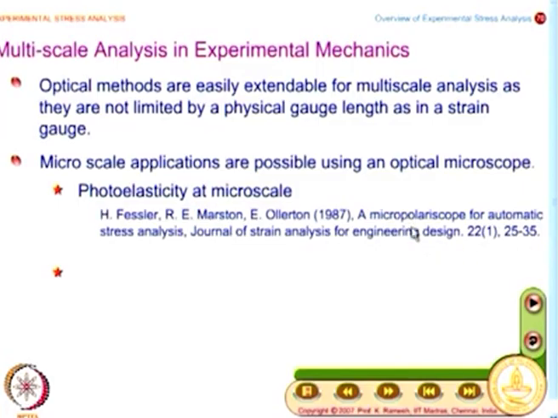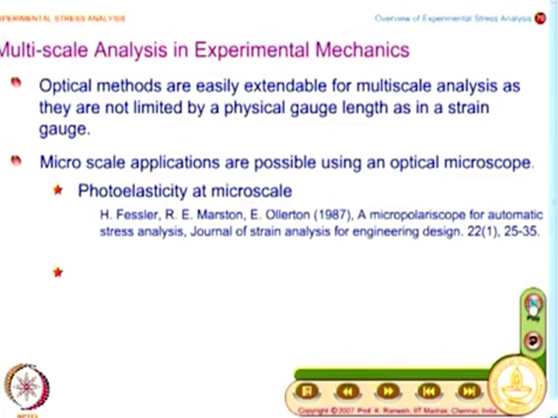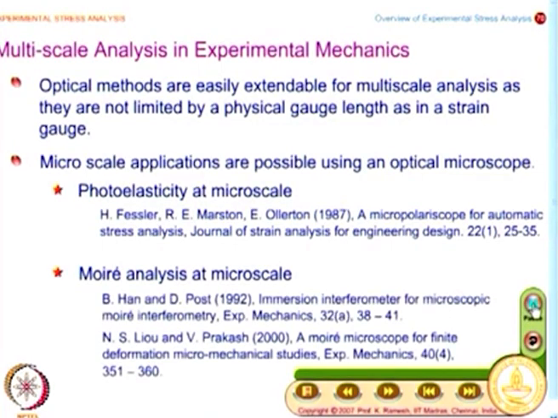So, you abbreviate this reference, and this also gives you an idea what journals you should look at to get additional information on experimental mechanics. That information you get indirectly from the list of references, and you should also know photoelasticity is applied at micro scale. We have already seen Moire, we have already seen holography being applied at micro scale, and these are all very important information for you to know how experimental mechanics can be applied.